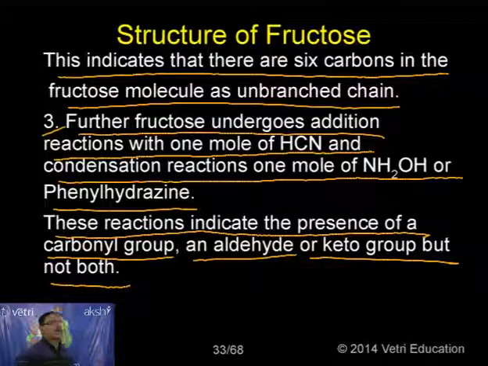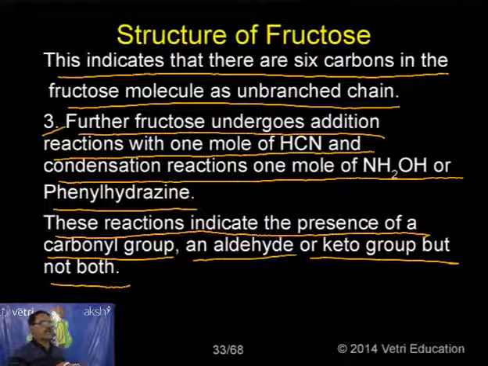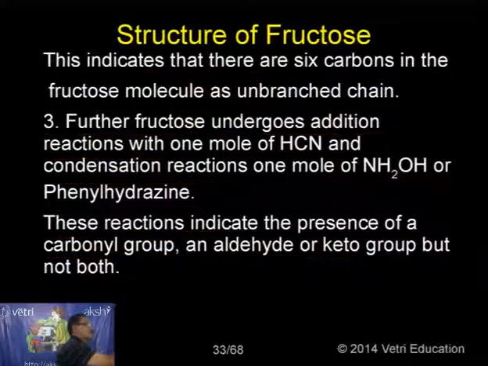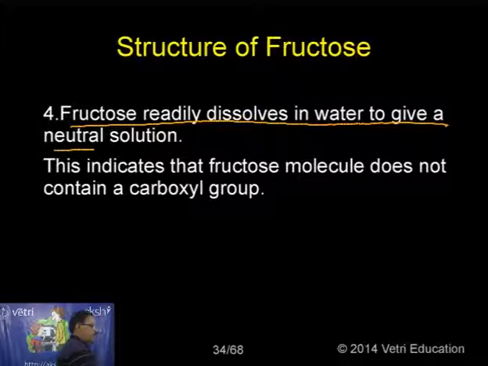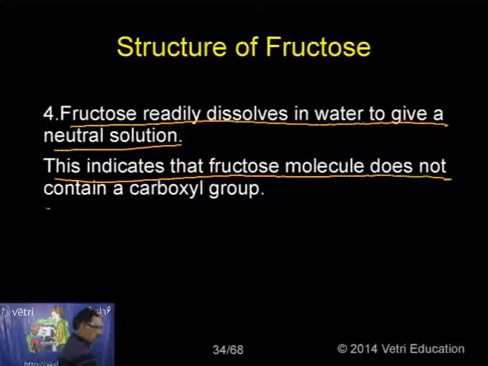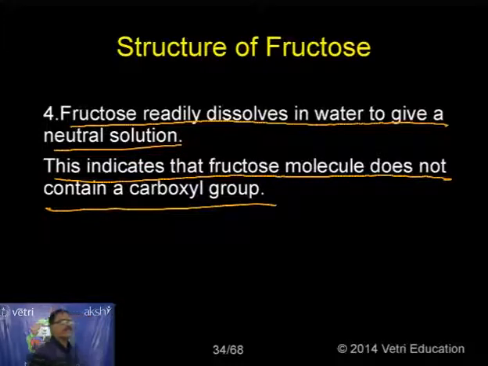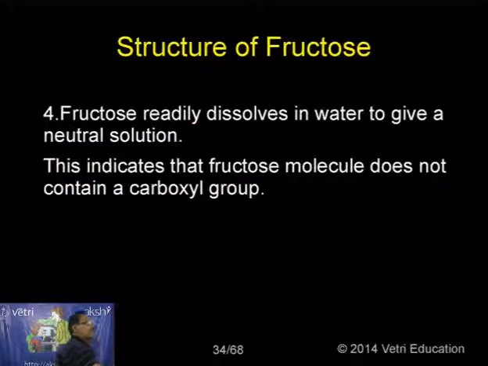It may be an aldehyde group or a keto group, but both will not be simultaneously present. This is the important information. Step 4. Fructose readily dissolves in water to give a neutral solution, as in the case of glucose. So this indicates that the fructose molecule does not contain a carboxyl group. Another most important information: like glucose, it is not an acid.